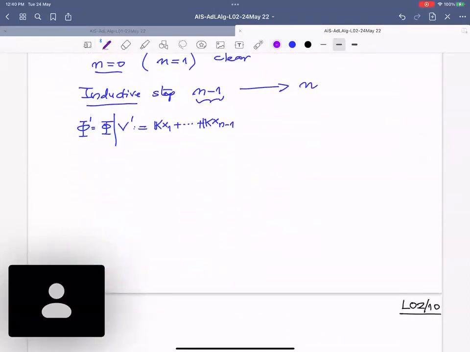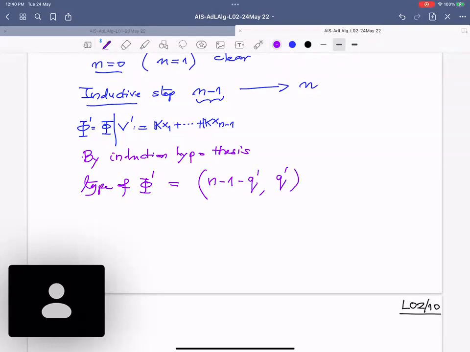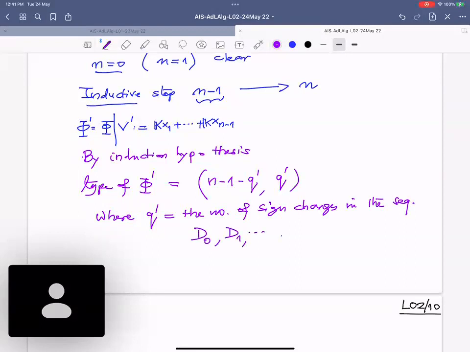All right. So what needs to be proved then? Therefore, by induction hypothesis, the type of phi prime will be equal to n minus 1 minus q prime, comma q prime, where q prime equals the number of sign changes in the sequence D0, D1, up to D(n minus 1).